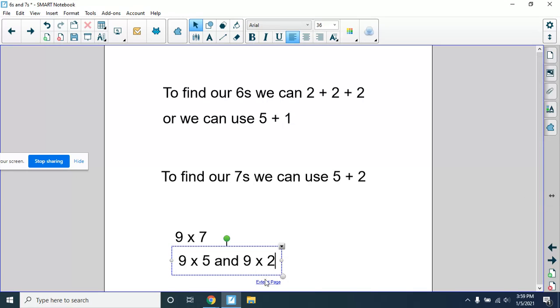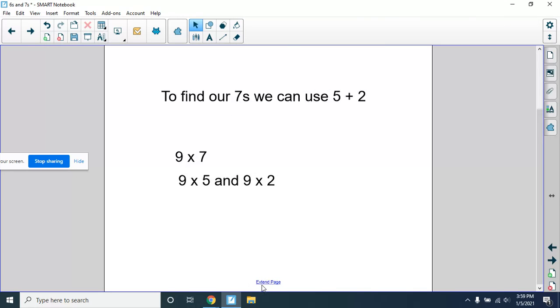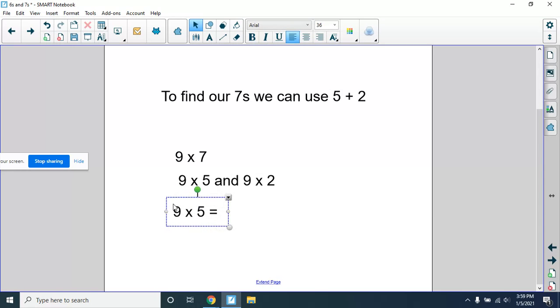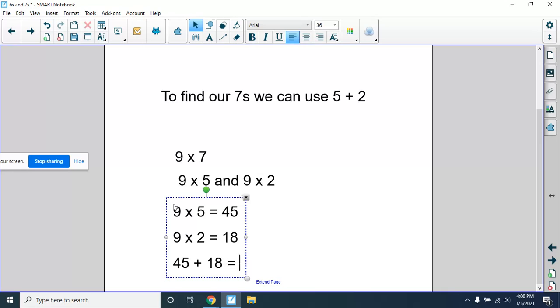When we do that, I know that 9 times 5 equals 45, and 9 times 2 equals 18, so 45 plus 18 equals 63.